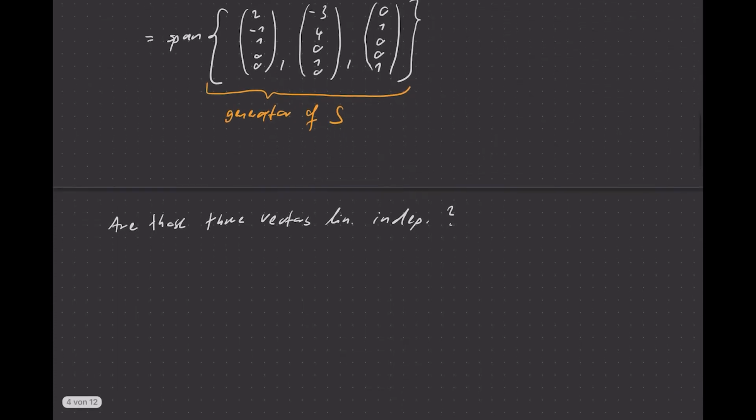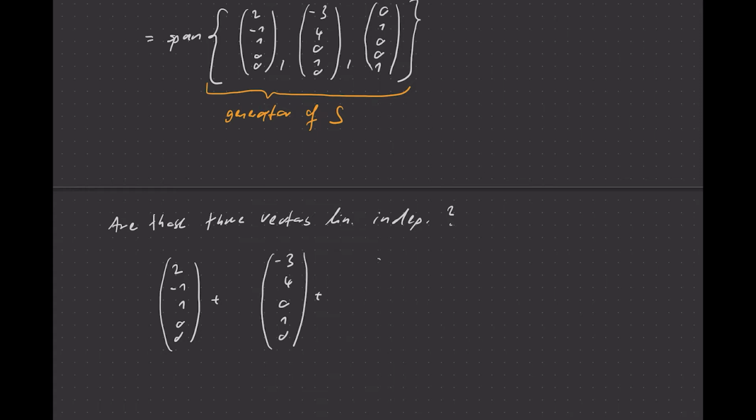To do that, we need those three vectors, (2, -1, 1, 0, 0), (-3, 4, 0, 1, 0), and (0, 1, 0, 0, 1).